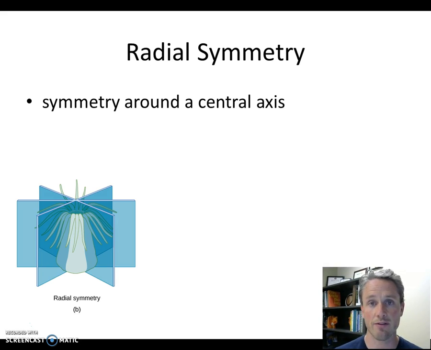A sea anemone falls into this phylum of cnidarians. And you can see that there are many ways you can cut the sea anemone in half, resulting in 2 mirror image halves. And so we're showing 3 different planes that you can cut the sea anemone in half through. And again, both sides will be mirror images of one another.